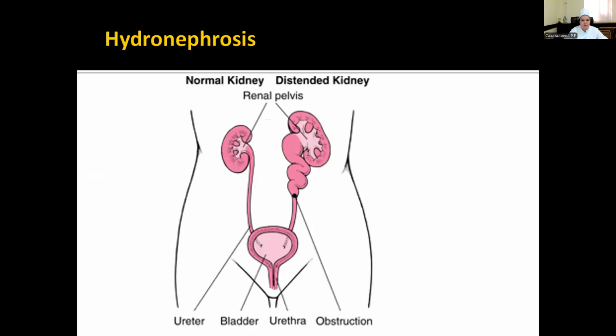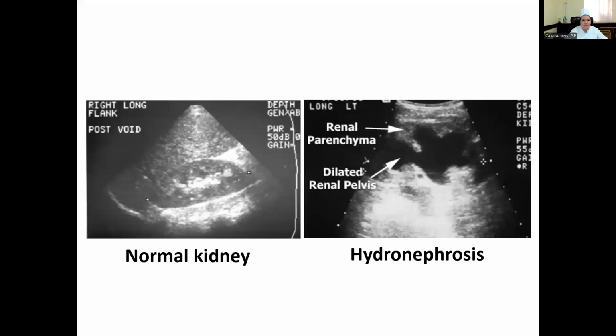These pictures show the normal kidney and the distended kidney as a result of hydronephrosis. In this picture, you can see ultrasound pictures of a normal kidney and of a kidney with hydronephrosis.